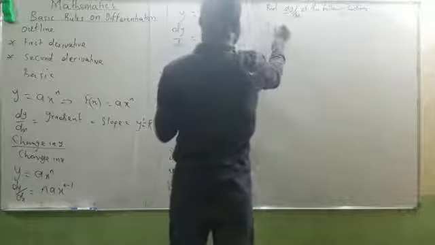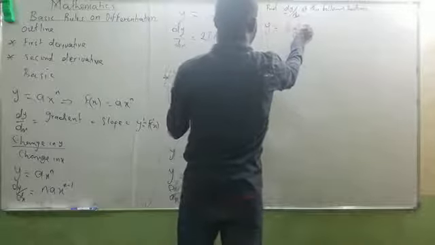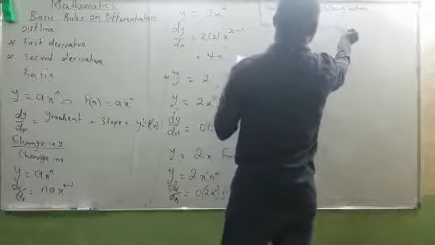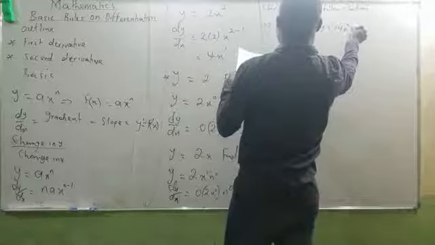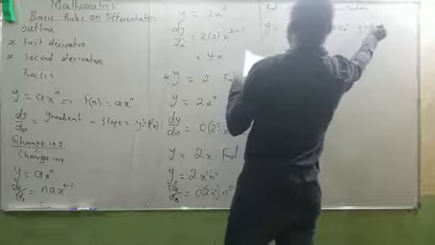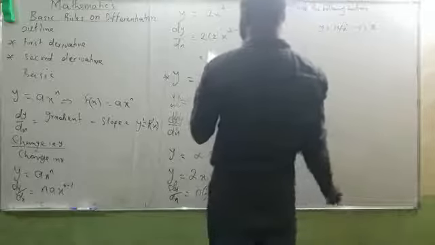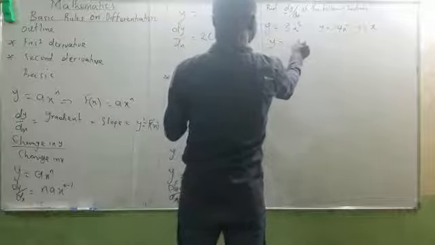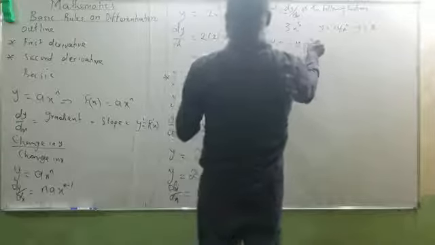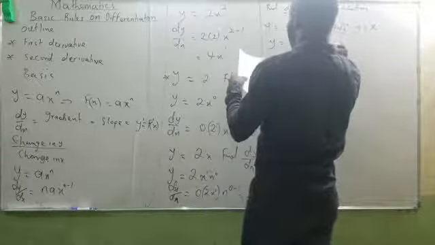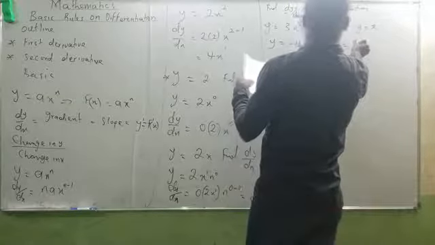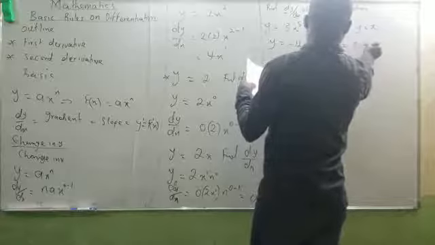I have y equals 3x to the power 5, I have y equals 14x squared, and I have y equals x, and I have y equals minus 12x raised to the power 6, and I have y equals 3x raised to the power 4.